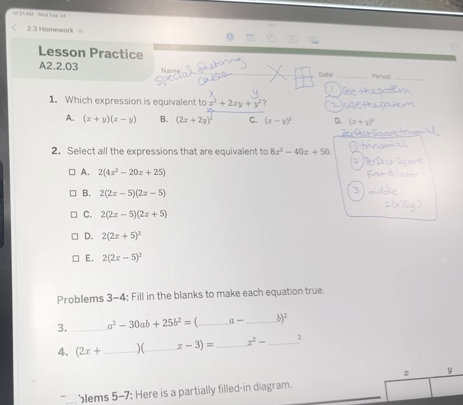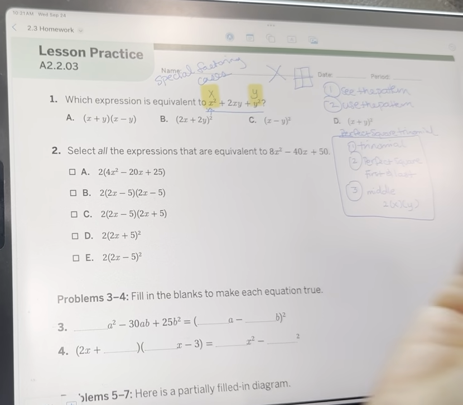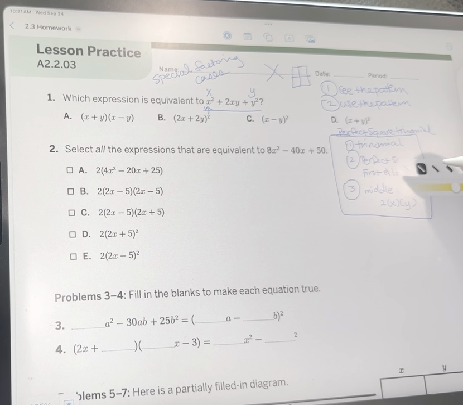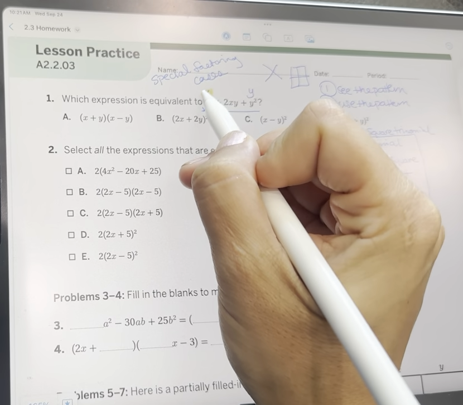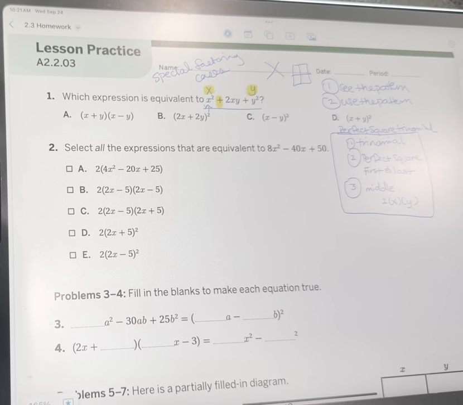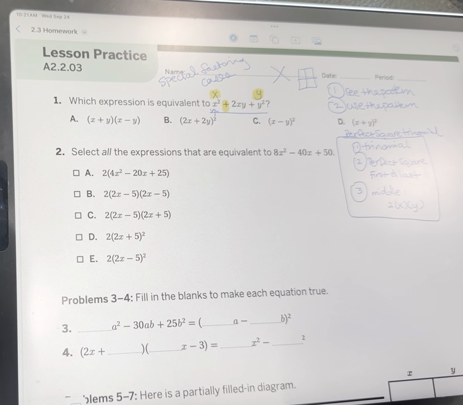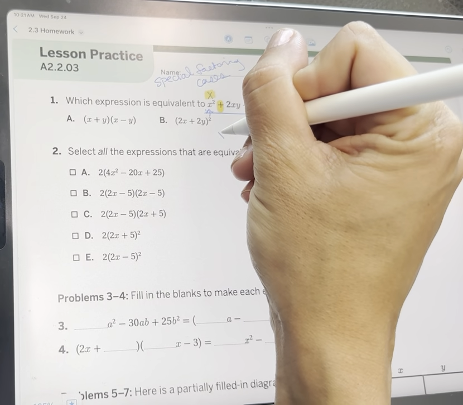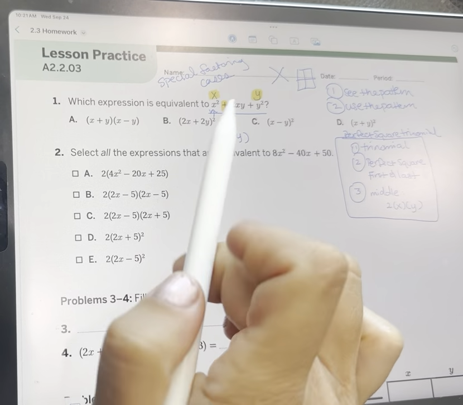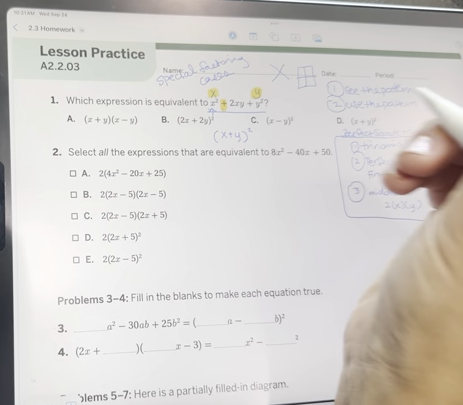So then what we do is we take these 2 square roots that we found, okay? We take the 2 square roots that we found and we take the sign of the term in the middle. So what we get is x plus y, and it'll be squared.